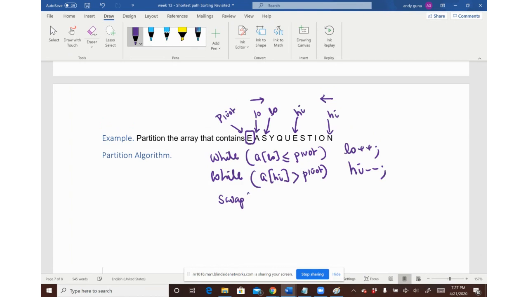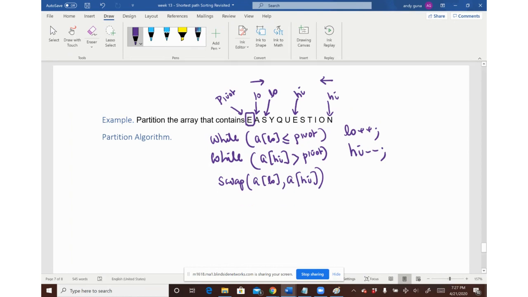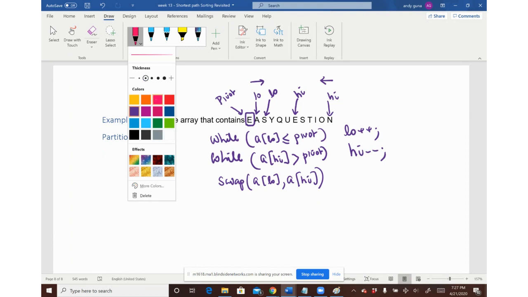When both things stop, we're going to swap A of low and A of high. This is the partitioning algorithm that I'm discussing. So what that means is A of low and A of high are swapped. So let me mark them, who they are.